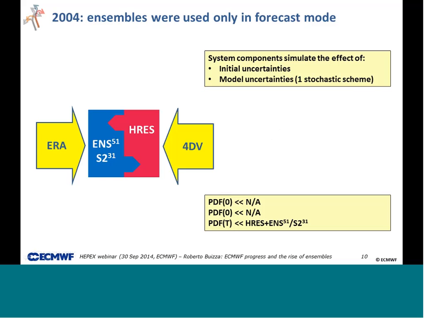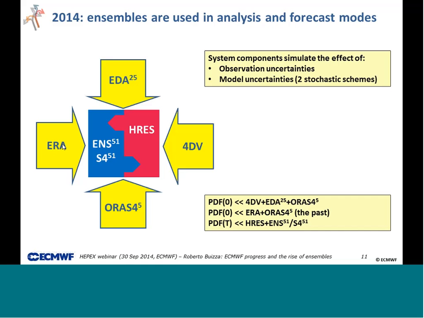We were using ECMWF reanalysis to generate the initial conditions for the past cases. Today, we have an ensemble of data assimilations with 25 members, which also helps us identify analysis uncertainty together with 4DVAR. The EDA also provides flow-dependent estimates of background error statistics to 4DVAR.